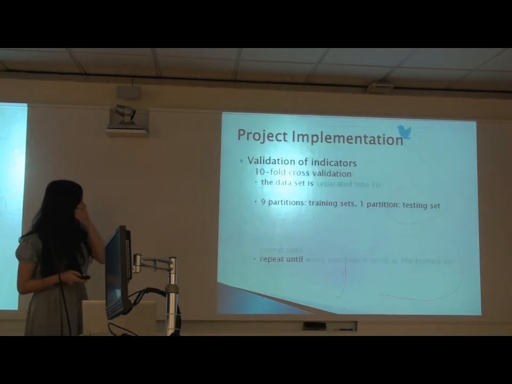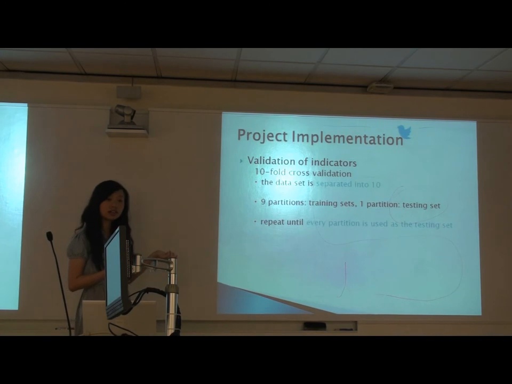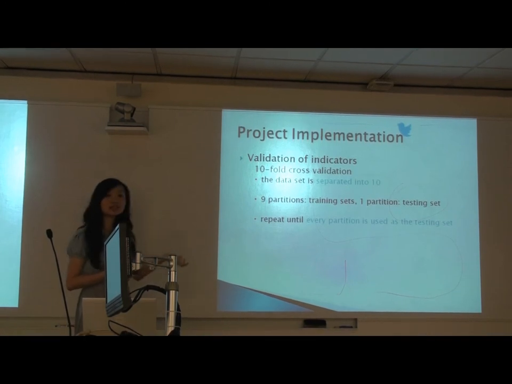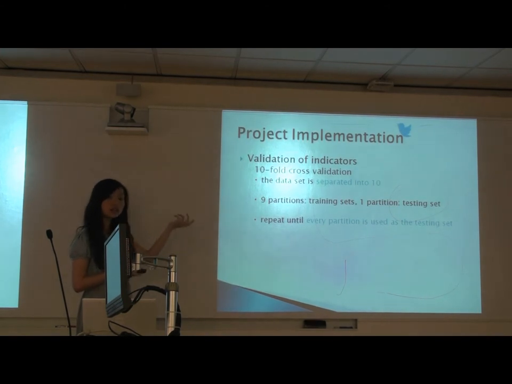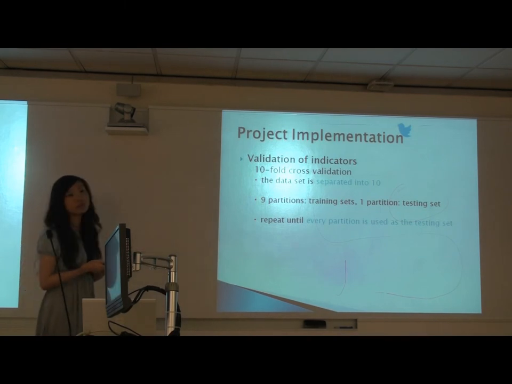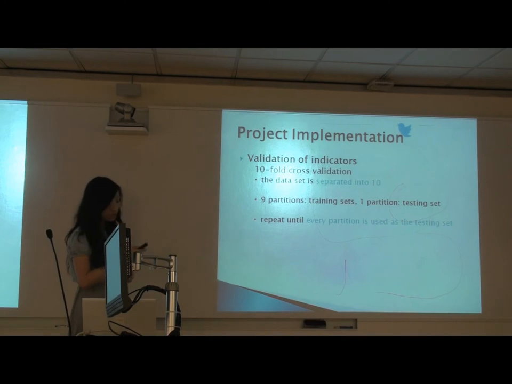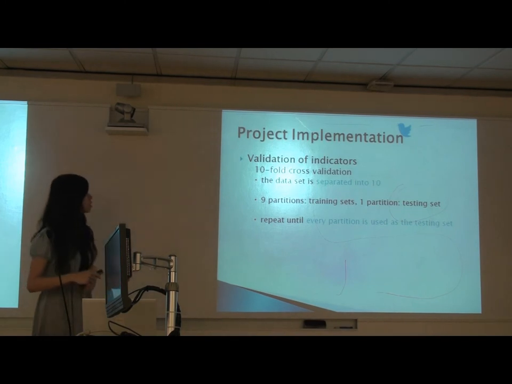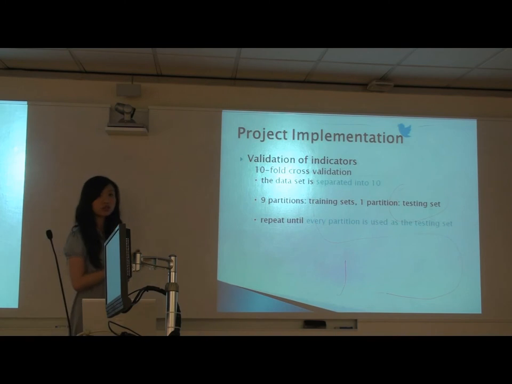So now, going to the validation of indicators. Because I will have to make sure that the 11 indicators that I mentioned are effective and can actually reflect the behavior of spammers on Twitter. So I use a method called tenfold cross-validation, which is very suitable for a smaller data set.